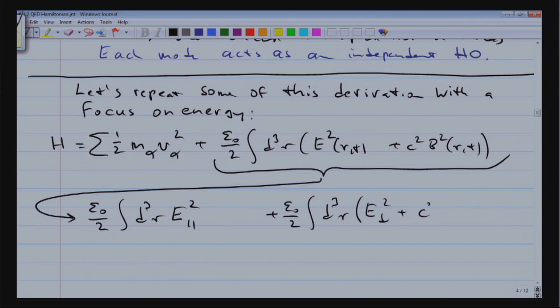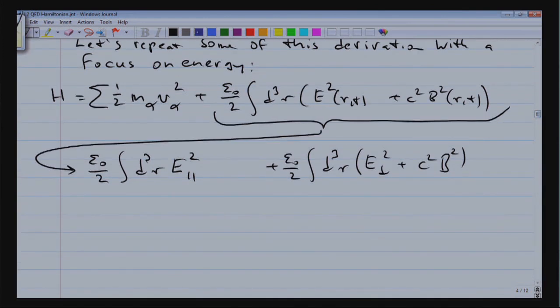Of course, the magnetic field is only transverse because the divergence of the magnetic field is 0, and that means the magnetic field does not have any longitudinal component. So this part here, as we actually have shown, is given by simply the Coulomb energy.